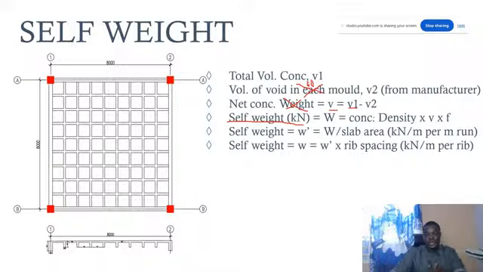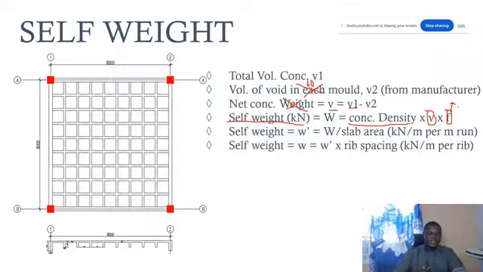So you multiply the volume you calculated, which is this V, by the density of concrete, then you multiply it by a factor, because self weight is a dead load. If you are designing to the Eurocode, you multiply it by 1.25 or 1.3. If you are designing to the BS code, you multiply by 1.4. That is the meaning of this F, the factor of safety.